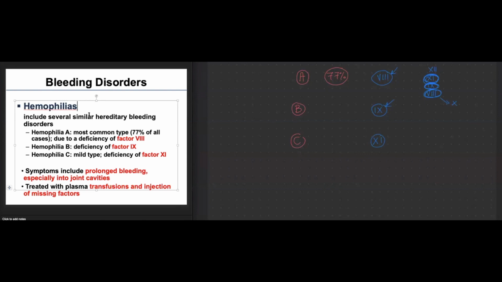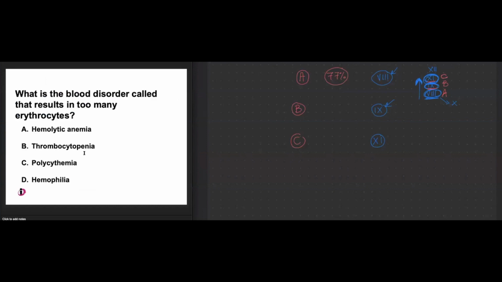So all three hemophilias A, B, and C are going to be affecting coagulation factors sharing in the intrinsic coagulation pathway. All right, so you see on here, factor 8 is A, B is factor 9, and C is going to be factor 11. All three here are part of my intrinsic pathway.